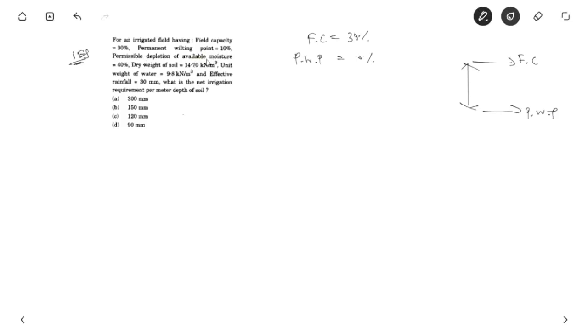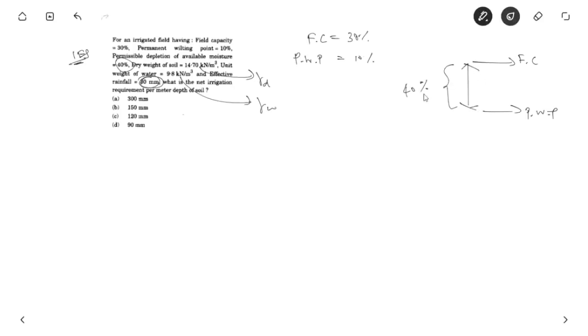Then the readily available moisture is defined as 40% of this. The dry unit weight gamma D is given as 14.7 kilonewton, and gamma W is 9.8. Rainfall is 30 mm, and we have to find the net irrigation required per meter depth of the soil.